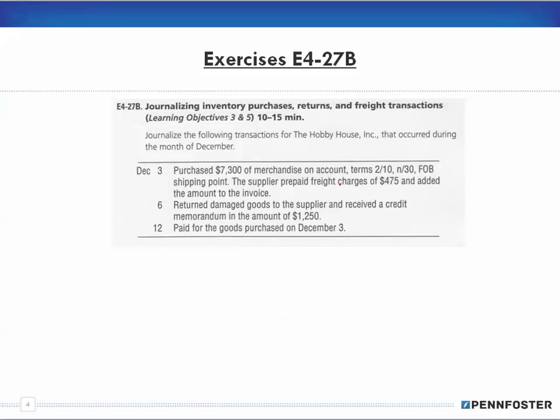The supplier prepaid freight charges of $475 and added the amount to the invoice. December 6th, returned damaged goods to the supplier and received a credit memorandum in the amount of $12.50. And then on 12/12, paid for the goods purchased on December 3rd.